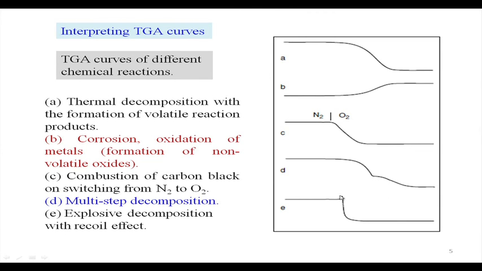And lastly, the kink we get is due to the explosive nature of the corresponding degradation process, an explosive decomposition with some recoil effect that gives rise to a shape which is known as the kink shape. Then it goes on for the corresponding degradation process.